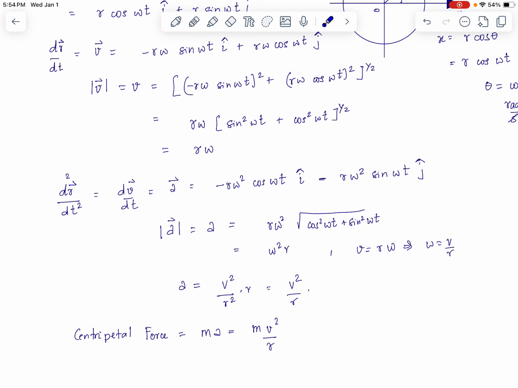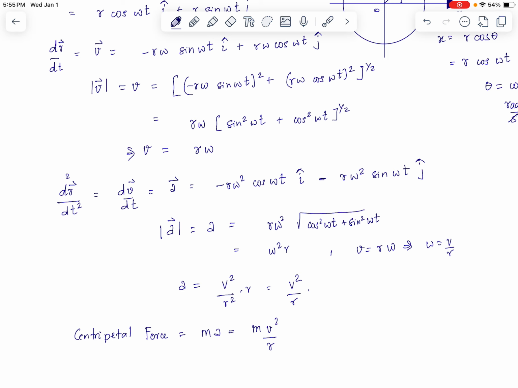We know from here that v equals r omega, so omega equals v over r. So we find that the value of acceleration is v squared over r, and therefore the centripetal force required to keep the object in motion is m times a, that is m v squared divided by r.